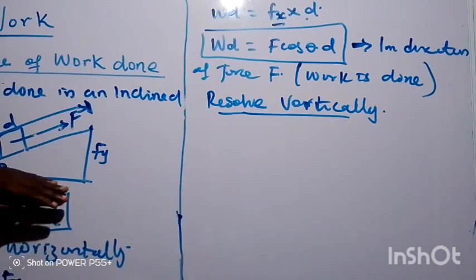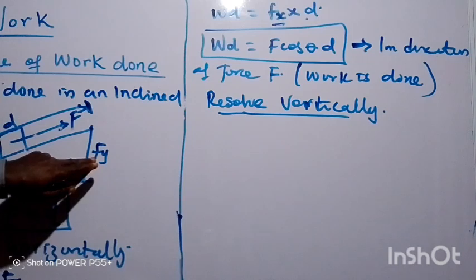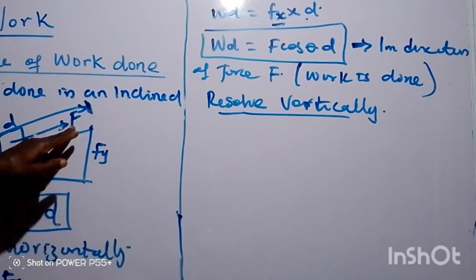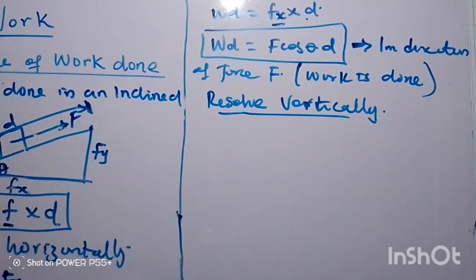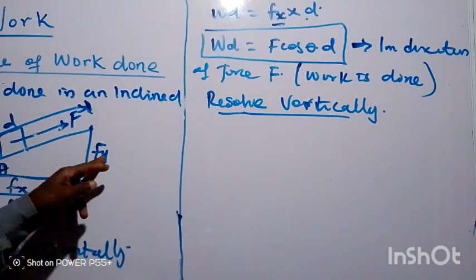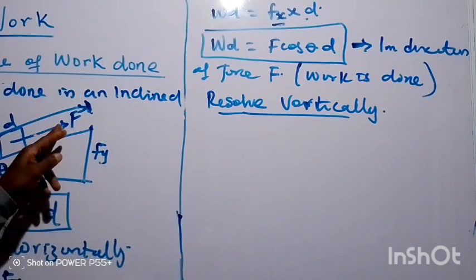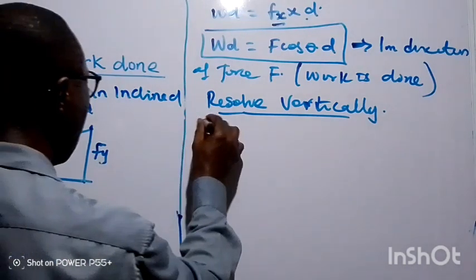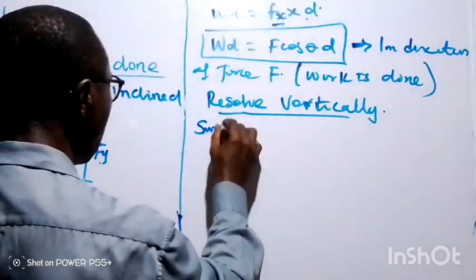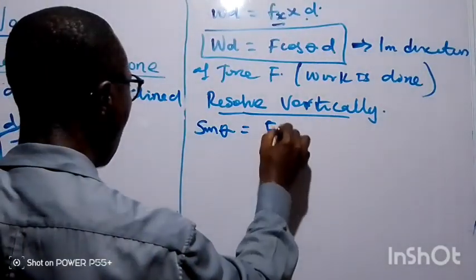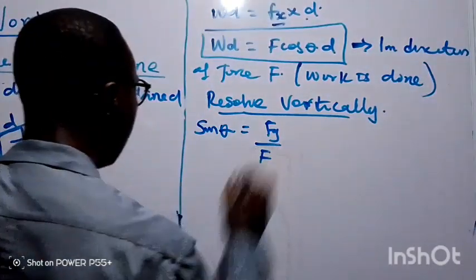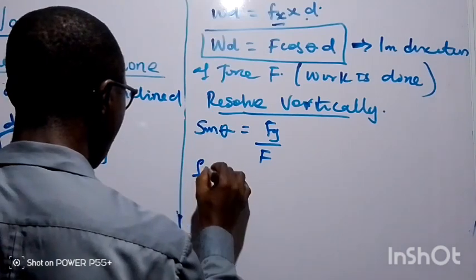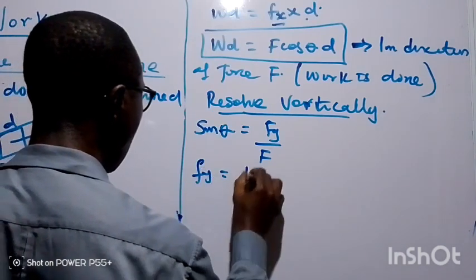We consider the Fy and this F. Mind you, this is the displacement covered by this object. So this is opposite and this is hypotenuse, that will be sine theta equal to Fy over F. So our Fy will be equal to F sine theta.